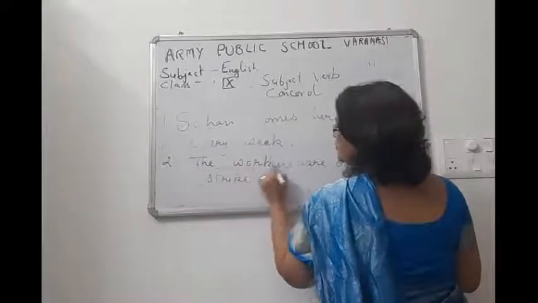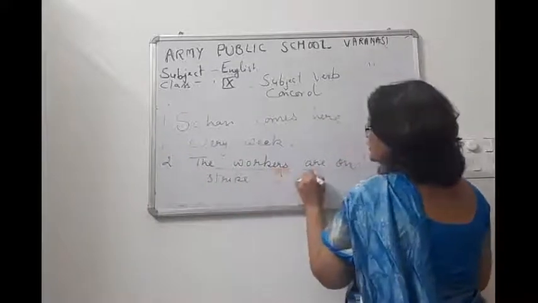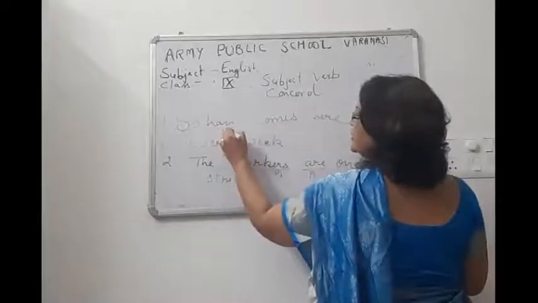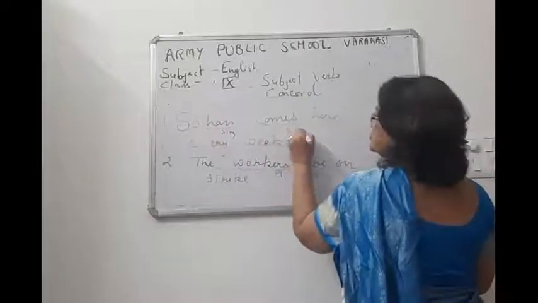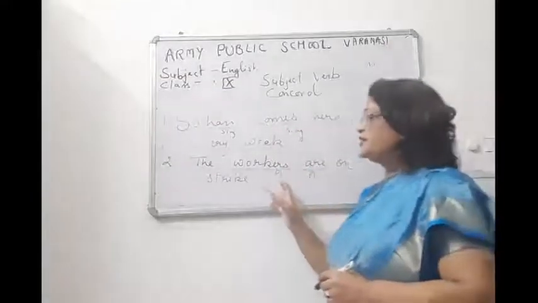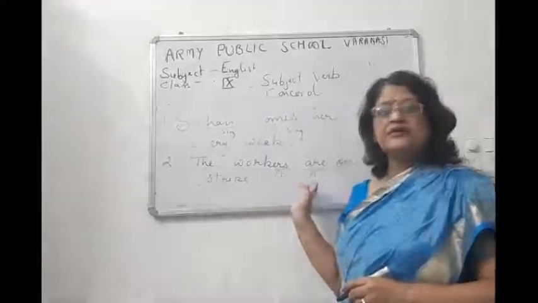So children, workers is plural and are is plural. This was singular and this is also singular.